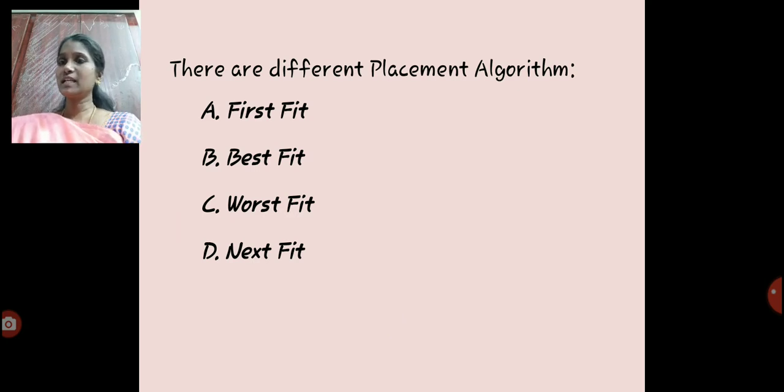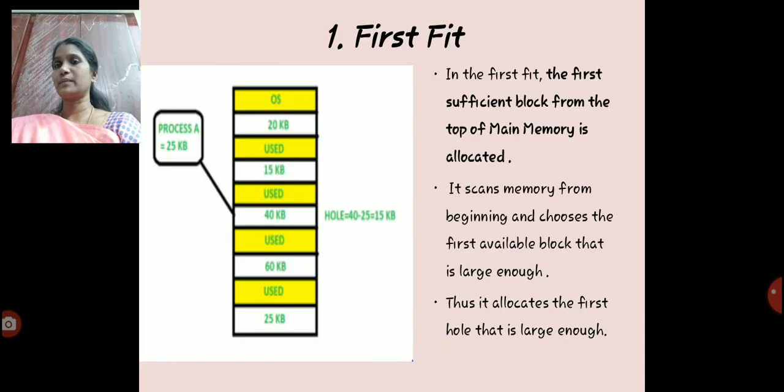In partition allocation there are different schemes. These are the 4 different schemes: first fit, best fit, worst fit and next fit. We see each in detail with the help of an example. So this is first fit.